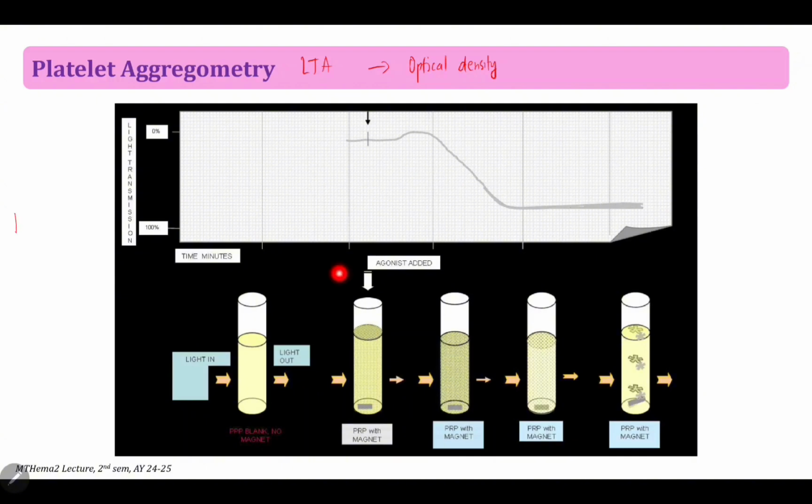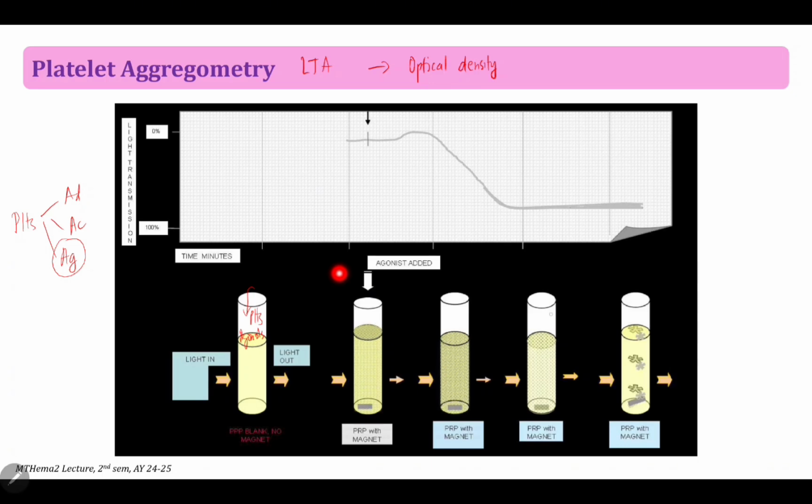Again, our platelet functions are adhesion, activation or secretion, and aggregation. So naturally, the aggregation function of the platelets needs to work properly. Once you add the agonist to the patient's platelet-rich plasma, it should aggregate and form clumps with one another.